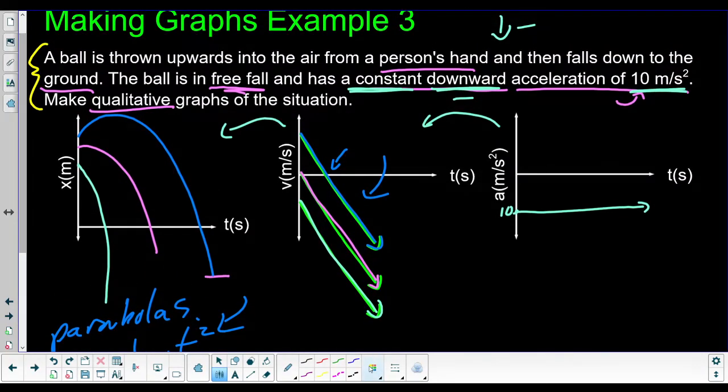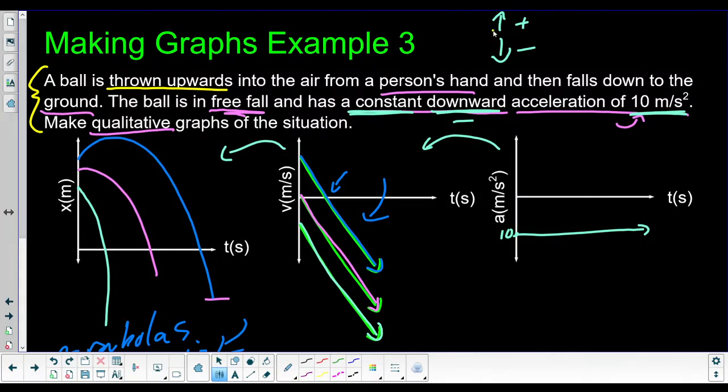Okay. Now let's go back and remember that we're actually in real life and not all three of these are correct. A ball is thrown upwards. If I throw something upwards, it's moving. That's the velocity. Upwards is positive.